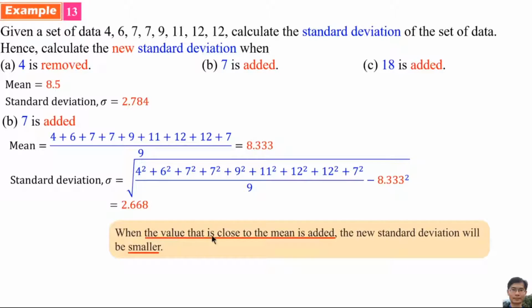This is the value that is close to the mean. The value that is added is 7. The mean is 8.5, and so 8.5 minus 7 equals 1.5. So 1.5 means close to the mean. So the standard deviation will be smaller. Original standard deviation 2.784. New standard deviation 2.668. It really becomes smaller.